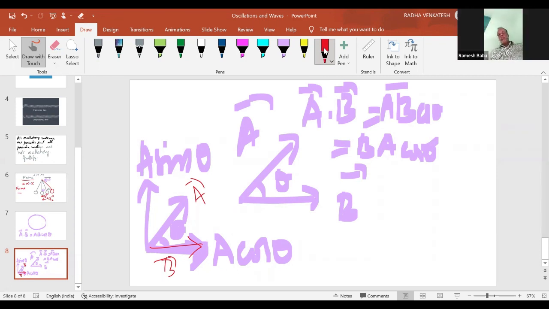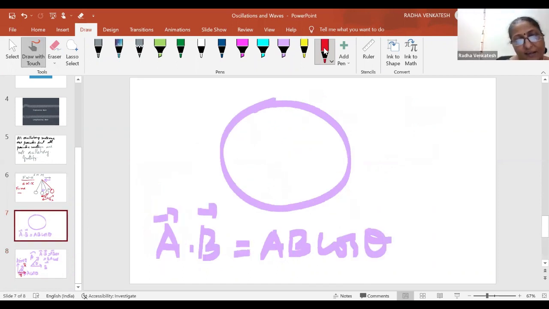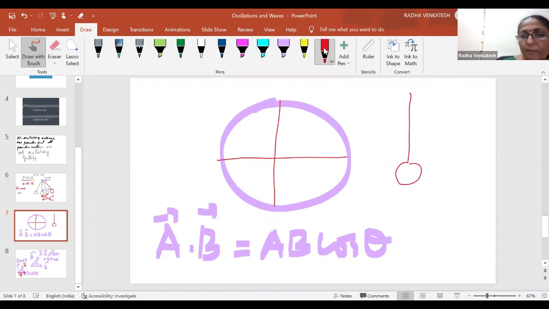Fine. So now coming back to what we were discussing here, we are in the oscillatory motion chapter, isn't it? So here what we are going to do is take a particle which is undergoing uniform circular motion, then have a coordinate axis like this. Now, again for explaining this also, I go back to my pendulum.